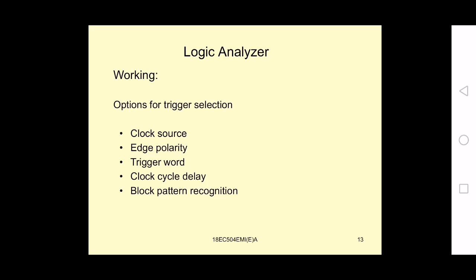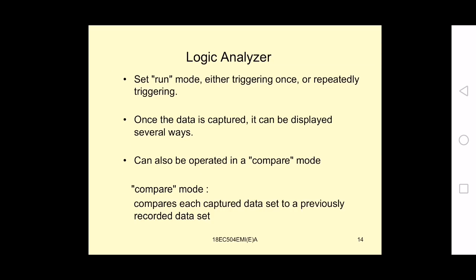The various options for trigger selection are as follows. For trigger word selection, you can use the clock source, the trigger word, the edge polarity, the clock cycle delay, or block pattern recognition.